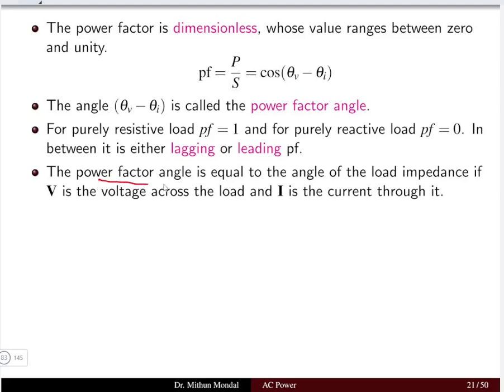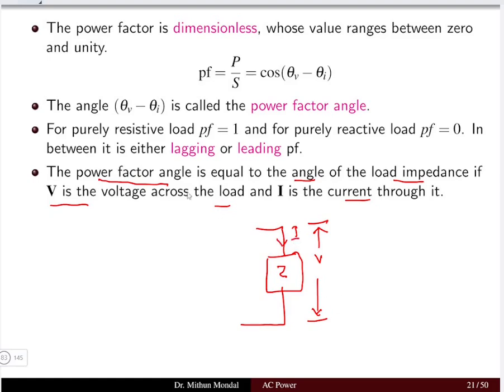The power factor angle is equal to the angle of the load impedance if the voltage across the load and current through it are given. Meaning if you have a load impedance Z, and the voltage across it is given, and the current flowing through the load impedance is given, then the power factor angle is basically the angle of the impedance.